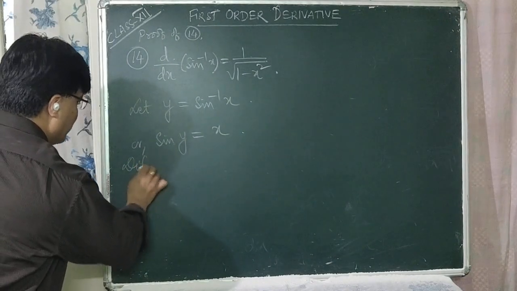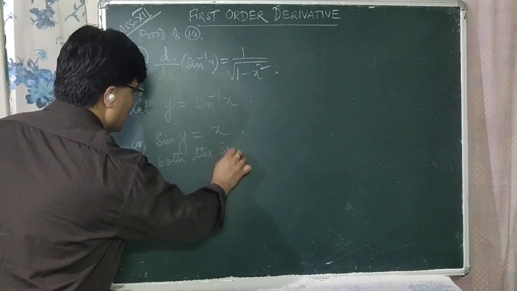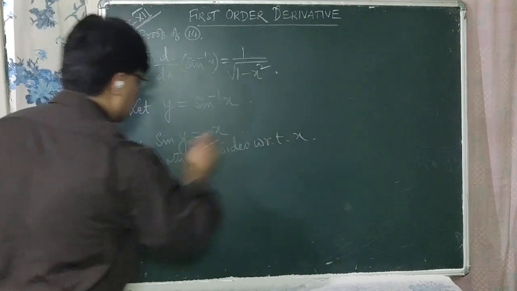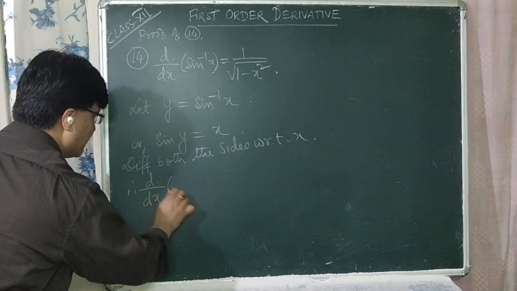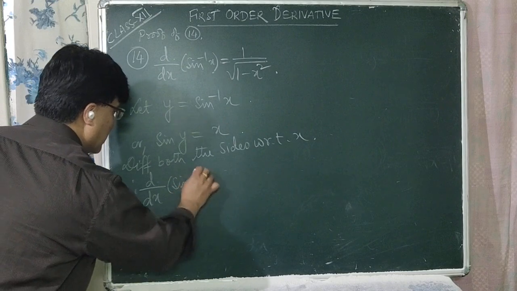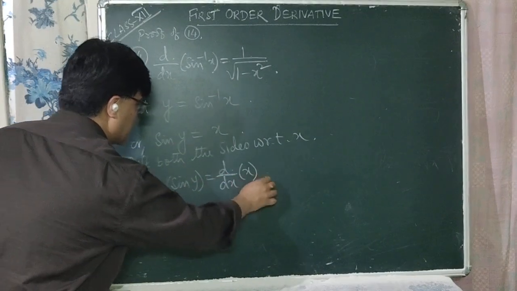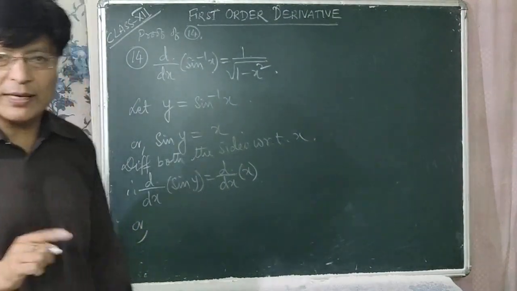So right now differentiating both the sides with respect to x. Therefore, d by dx of sin y is equal to d by dx of x, right? Or, what is d by dx of sin y?